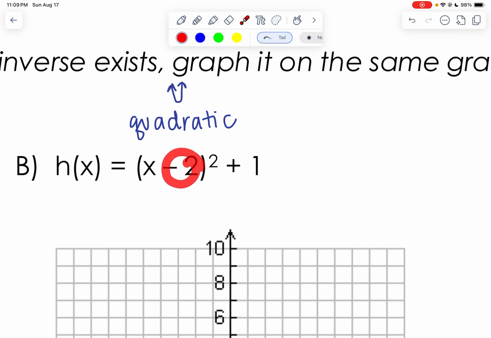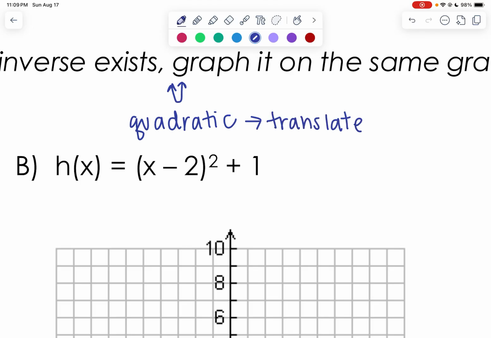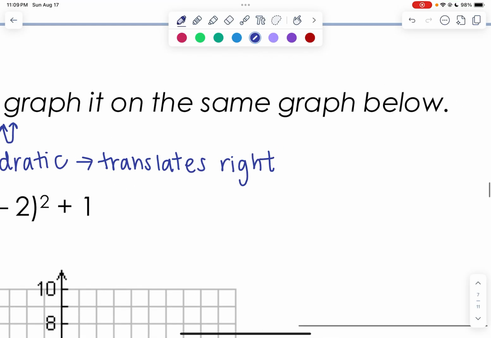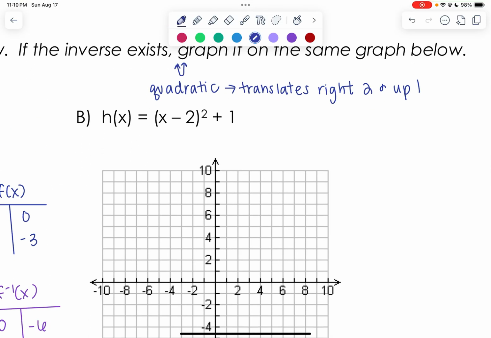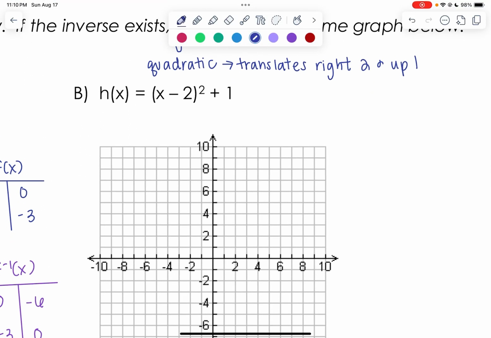Remember that this -2 should shift it right 2, so I'm going to say it translates right 2 and up 1. So I'm going to take my parabola, that U, and now it's going to go right 2, up 1. And then from there, we've talked about how you go over 1, up 1, over 2, up 4. And then I'm going to make that U shape.